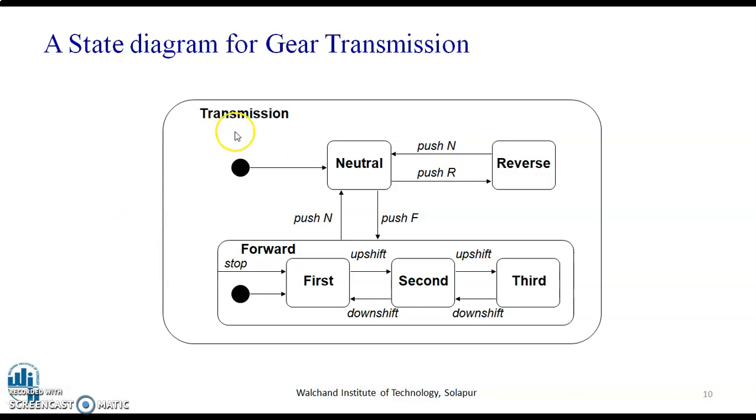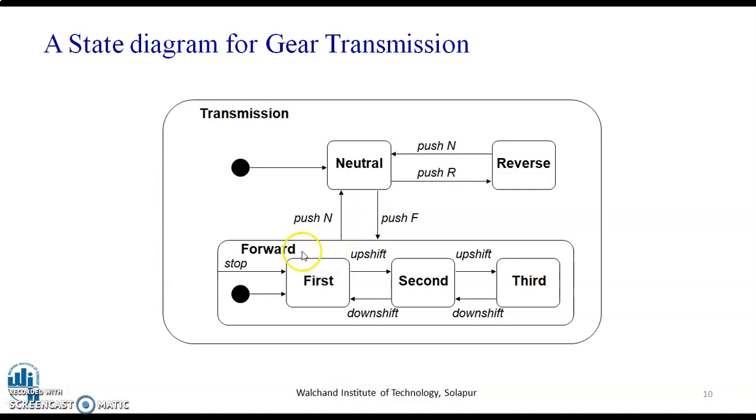For the gear transmission, which is under consideration right now, here you have one neutral state and then you have the reverse state. You see different messages written over here, push R. When push F, push forward, push neutral, then again there is one substate over here inside this superstate, forward.